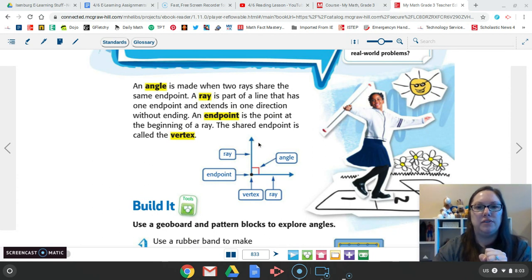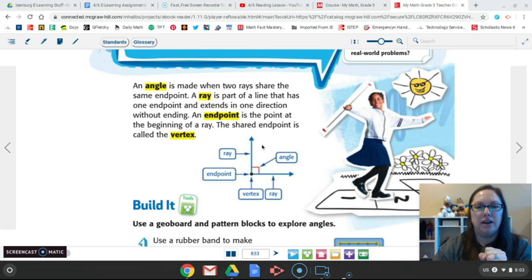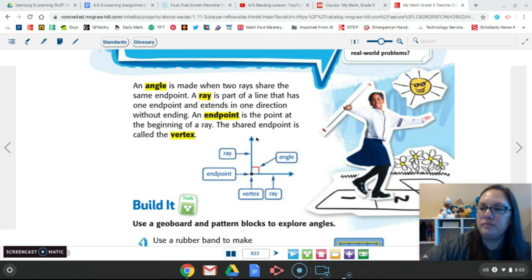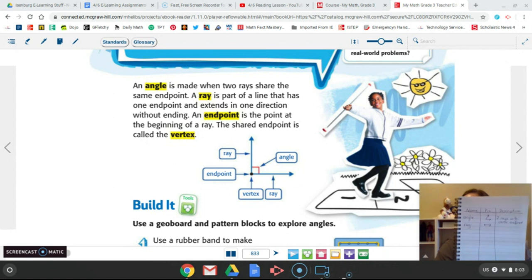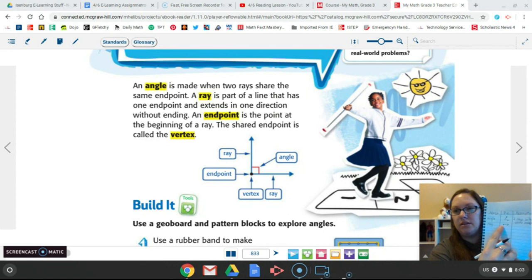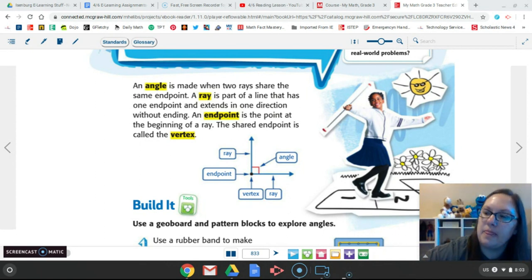So that's why all of our lines in math have these arrows on the end, because that's showing that they can be stretched forever and ever and ever. Even though we're not seeing it stretched forever, that's what this little arrow means. So a ray can go on forever in one direction. So I drew a figure that looks like that. So you can see I have my end point, and then it's going forever in that direction.